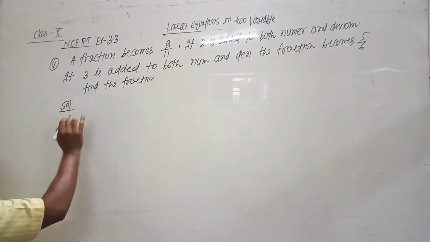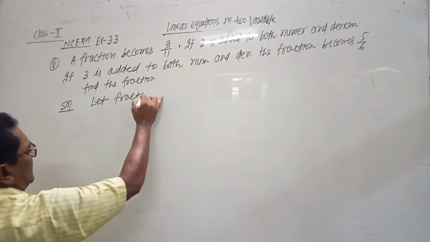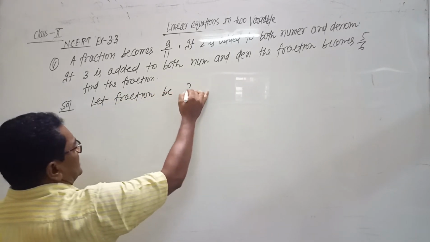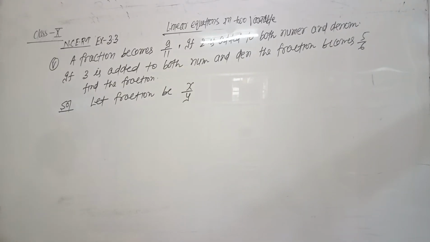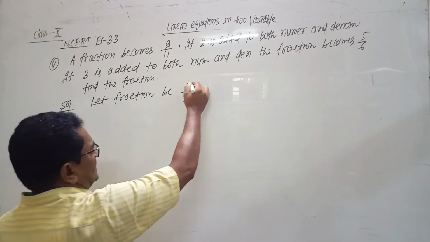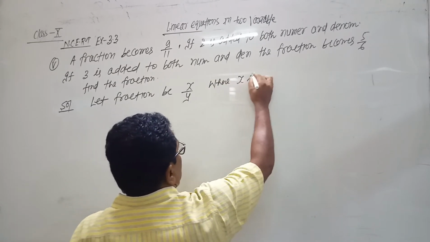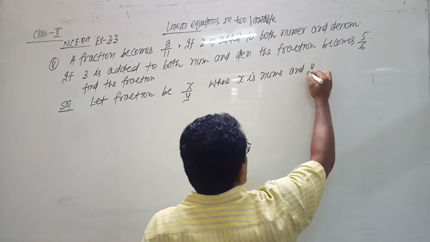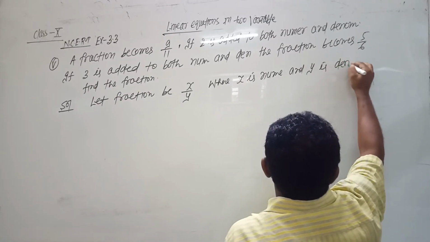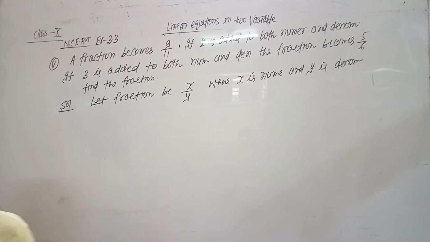So suppose the fraction be x by y. The fraction is written in terms of numerator by denominator, where x is the numerator and y is the denominator.